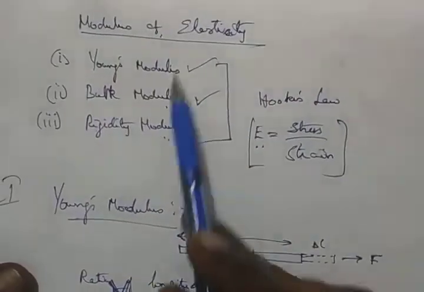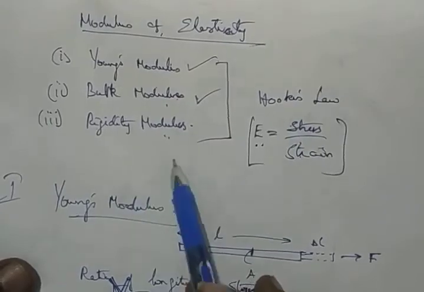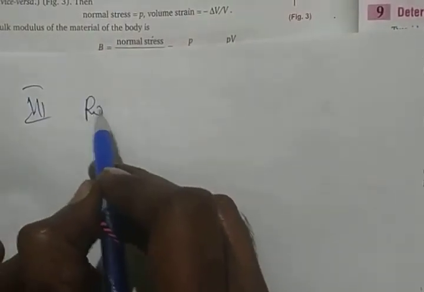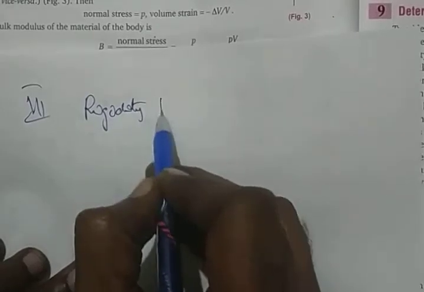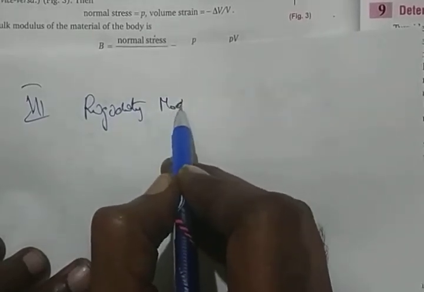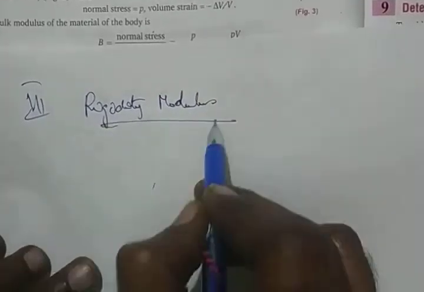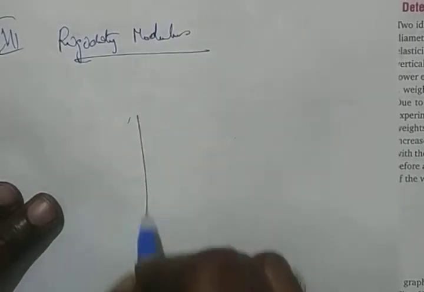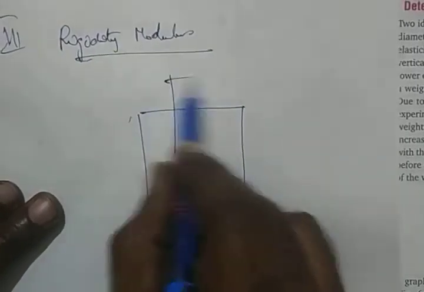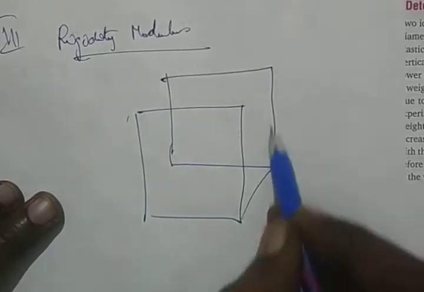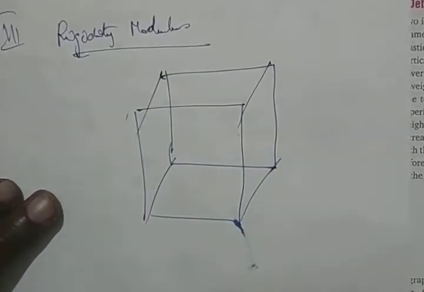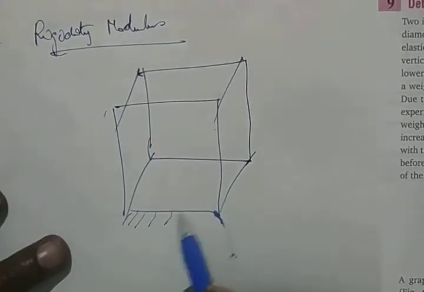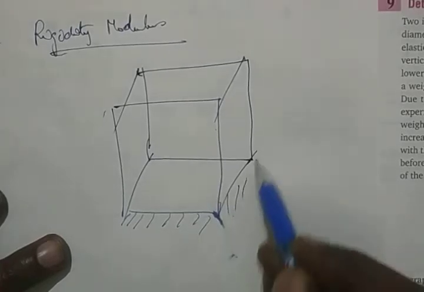Now, Young's modulus we have done, bulk modulus done, now rigidity modulus. What is rigidity modulus? Let us consider, okay, so write down the third part of it, rigidity modulus of elasticity. Let us consider a body like this, and it is attached to the fixed ground, firmly attached.